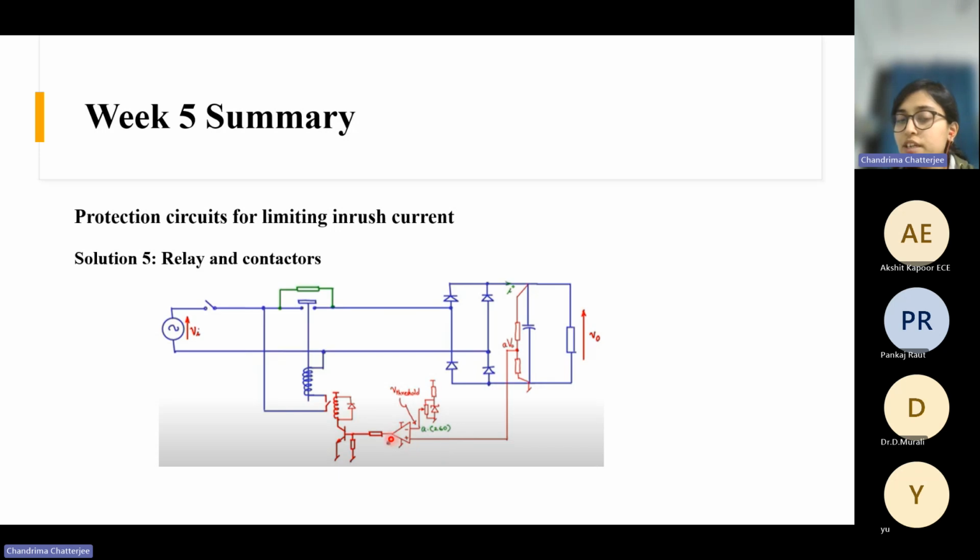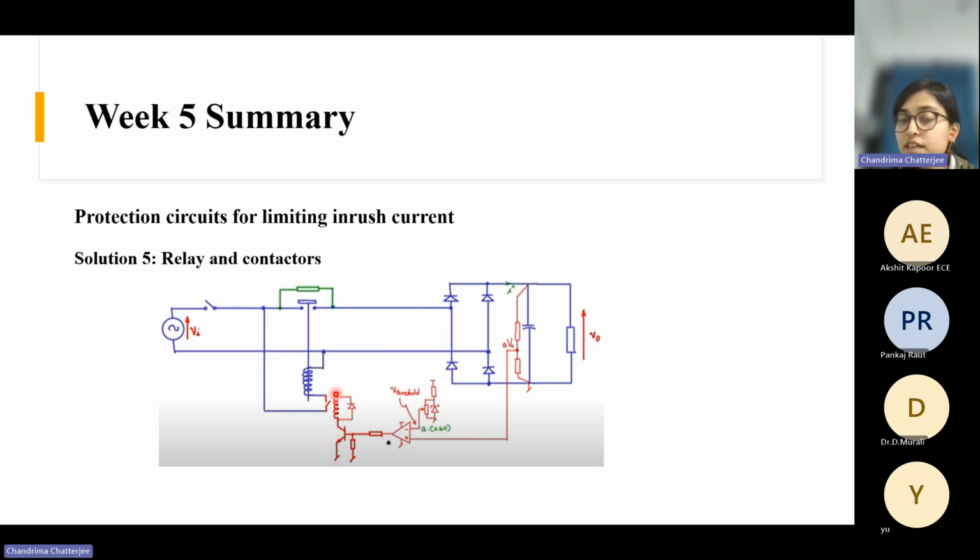The op amp output will be high when the positive terminal voltage is greater than or equal to the negative terminal voltage, right? That's when the op amp will give high output. And when this op amp gives high output, some base current will flow through this BJT, and the BJT will turn on.